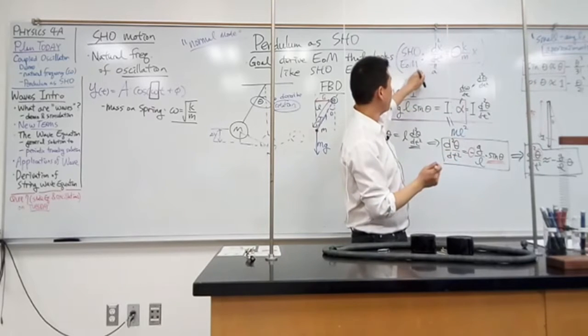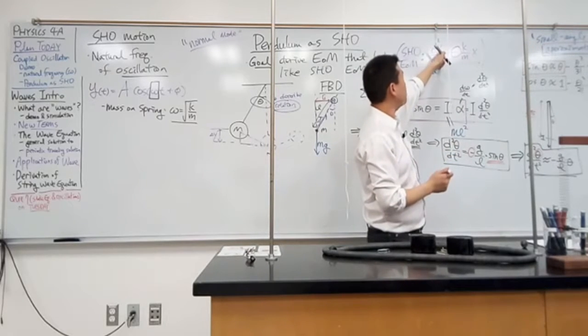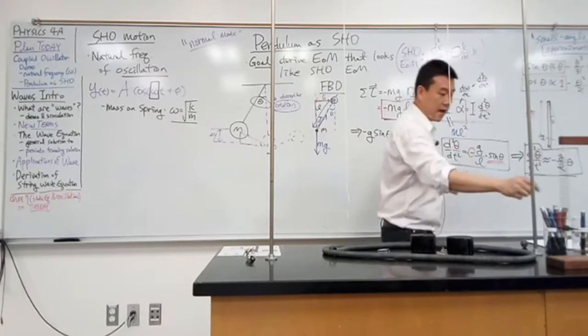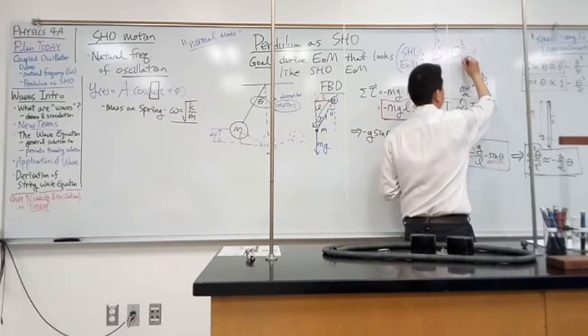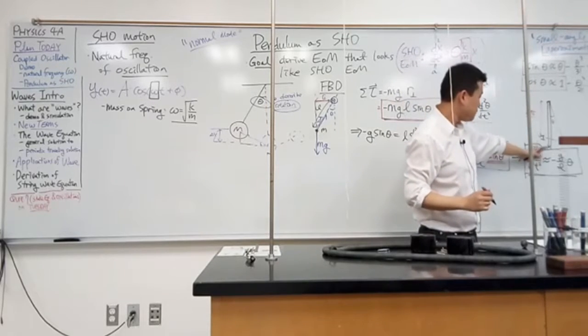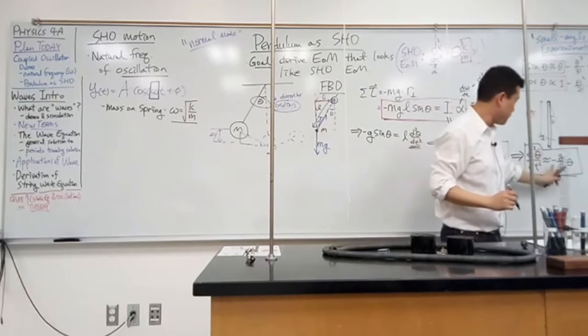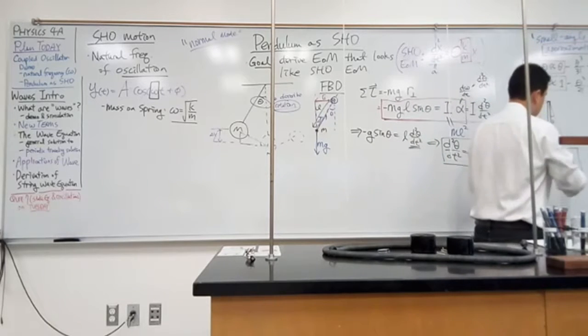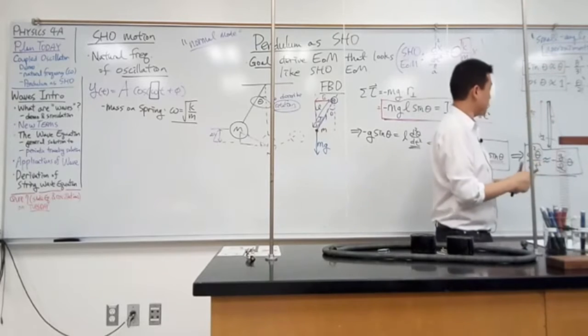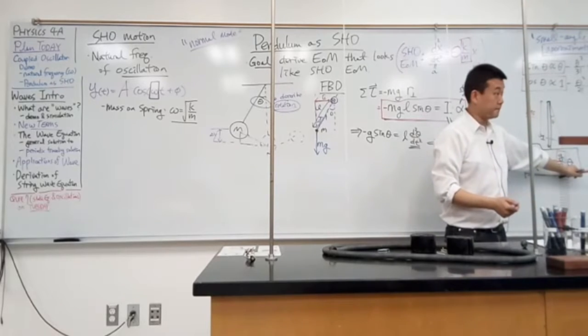What the simple harmonic oscillator said before was you take the parameter, take two time derivatives, then you get minus coefficient times your parameter back. Here, parameter, two time derivatives is equal to minus constant coefficient times your parameter back.